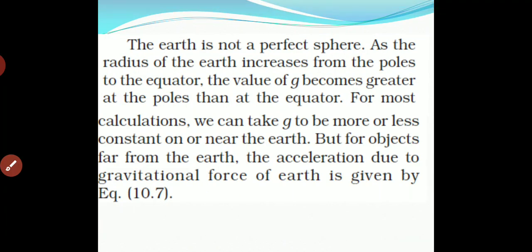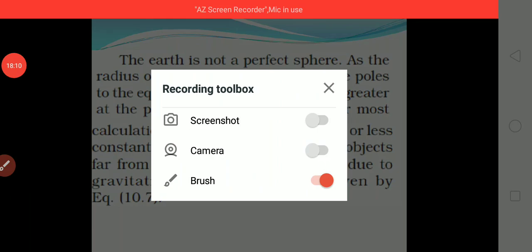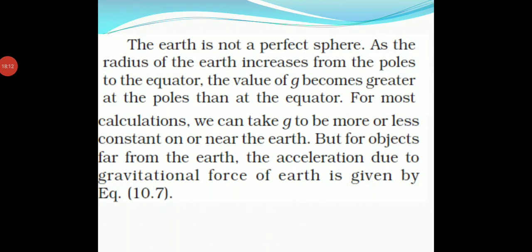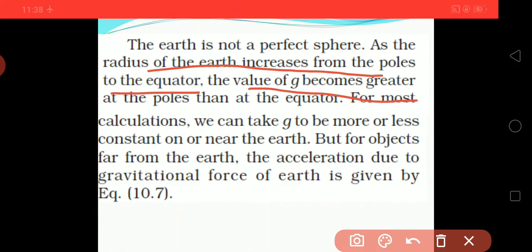Now, the earth is not a perfect sphere. As the radius of the earth increases from the pole to the equator, the value of g becomes greater.